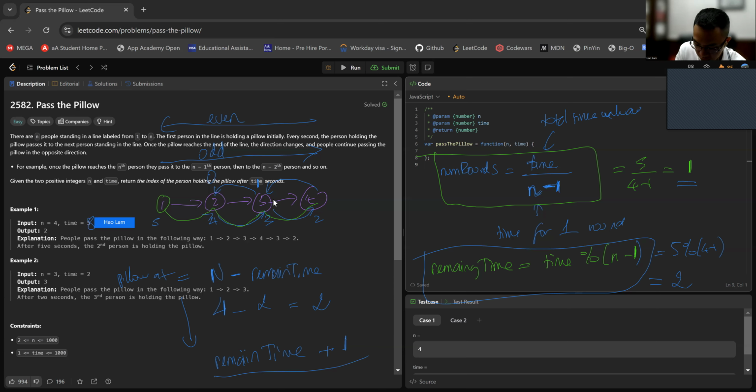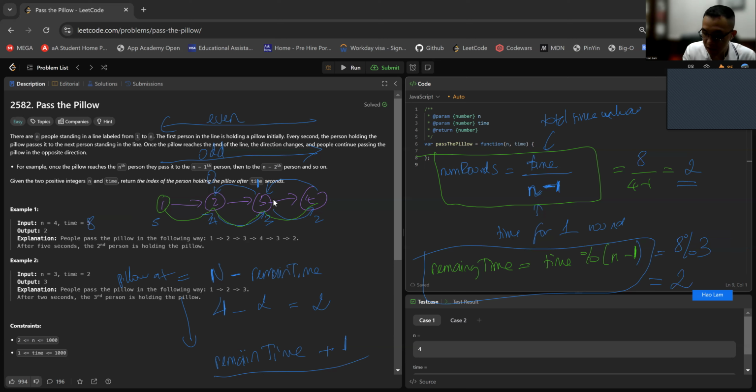If we have 8 seconds, then this is going to become 8 divided by 4 minus 1, which is 8 divided by 3, which is 2. So it is 8 mod 3, which is also 2, right?